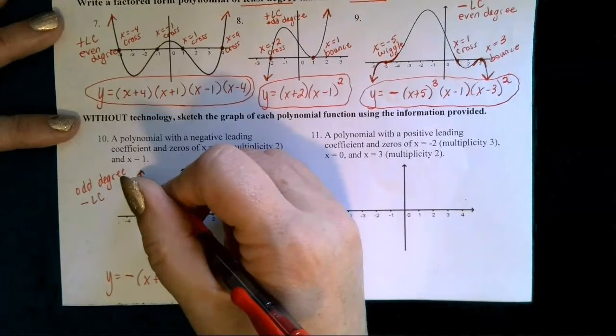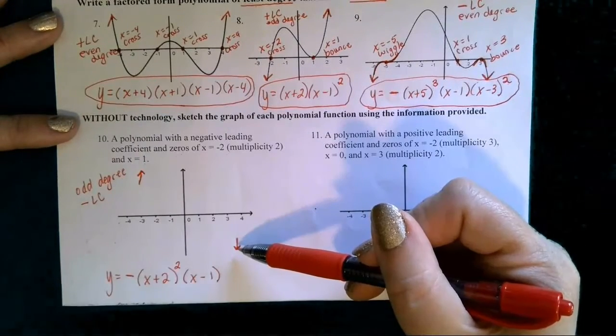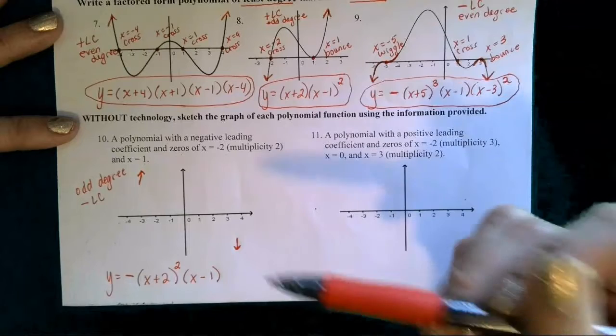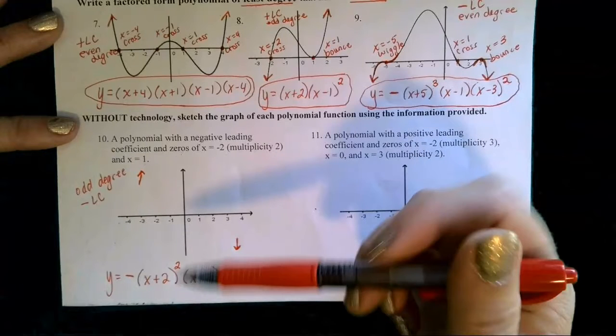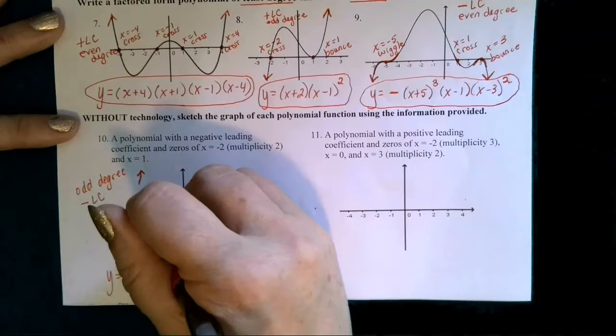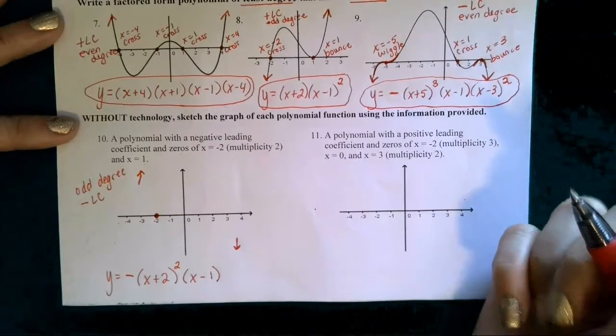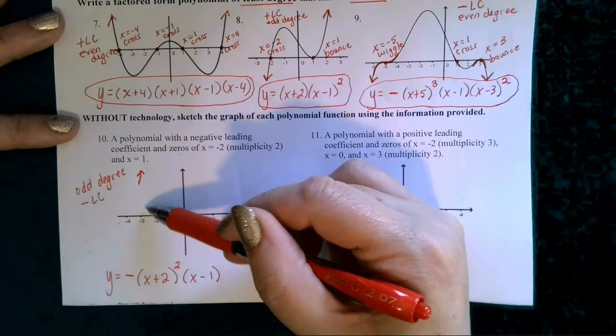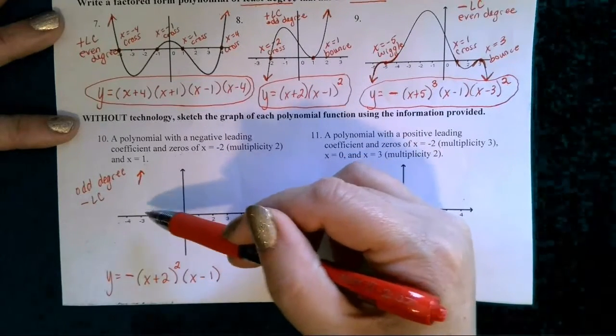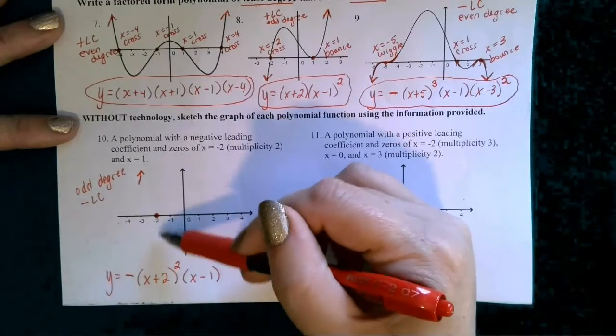So up on the left end and down on the right end. Okay, that's important because when I go to sketch my bounce here at -2, I need to know the end behavior ahead of time so I know whether I'm opening this bounce upward or downward, right?